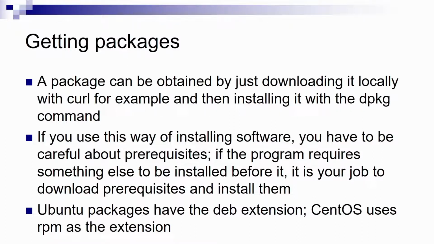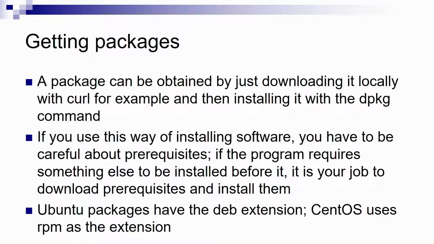Now let's talk about how to obtain packages so we can install them. The first option that I will present is actually one that you will not use very often, but I want to talk about it. One way to get packages is by actually downloading them like normal files, either using the browser or using the curl command, for example. And after you download them, you can install them with the dpkg command.